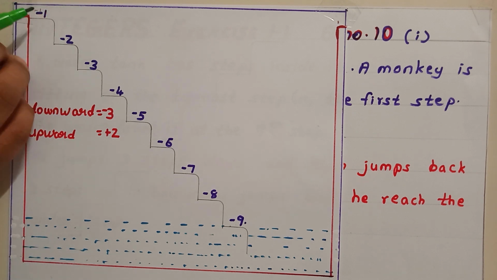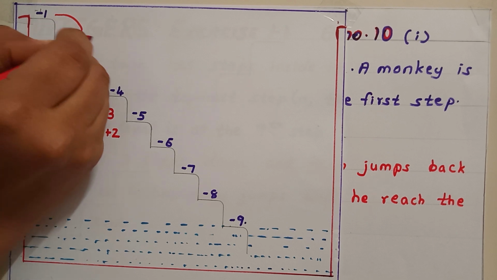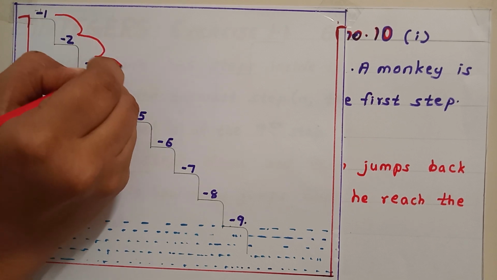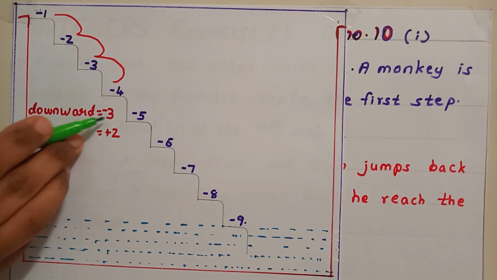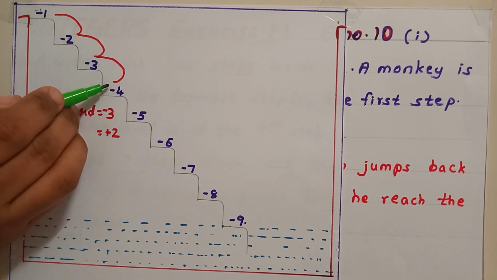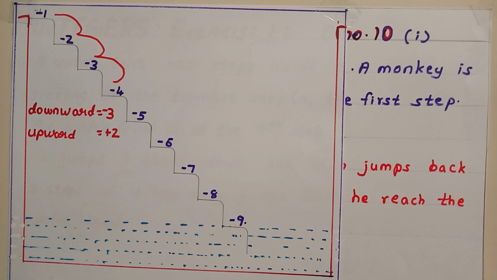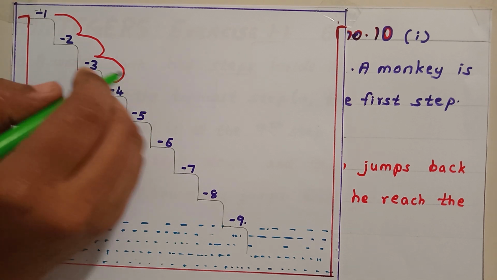First he is making a downward jump. So 1, 2, 3. In the downward jump, he will cover 3 steps. After covering 3 steps, he will reach -4. Then he makes an upward jump.